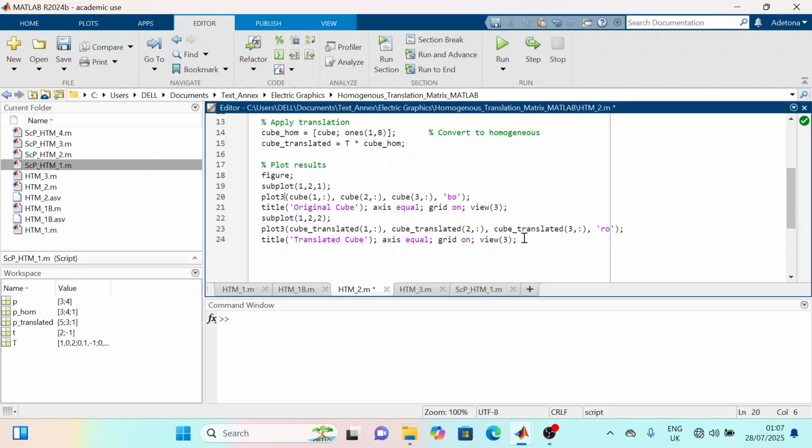The title is transited cube, and fill 3 and let it remain, because if you don't put grid on, only this one will be there, and that is that.